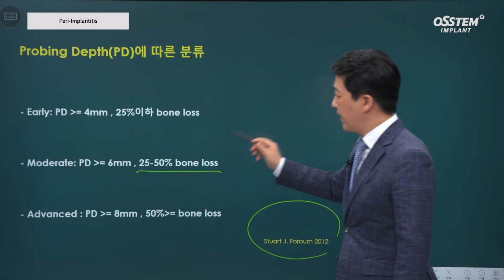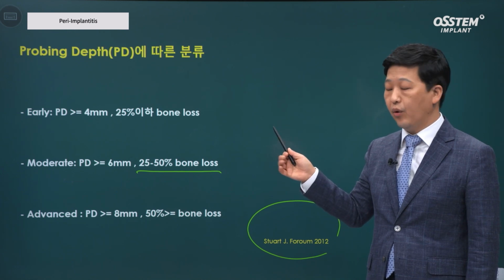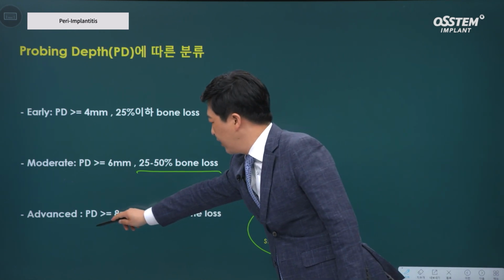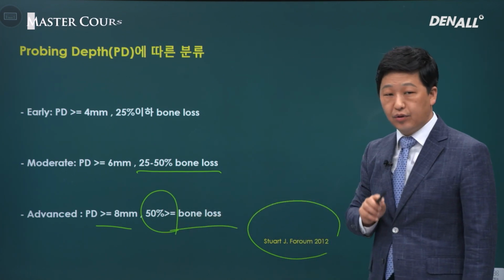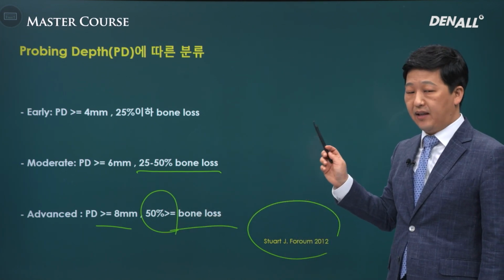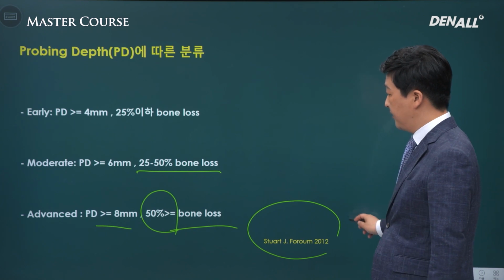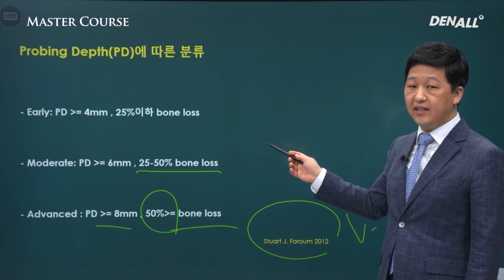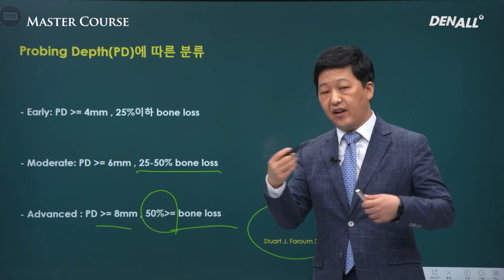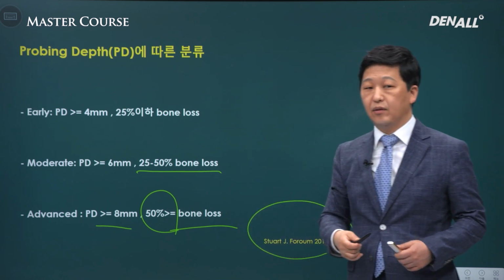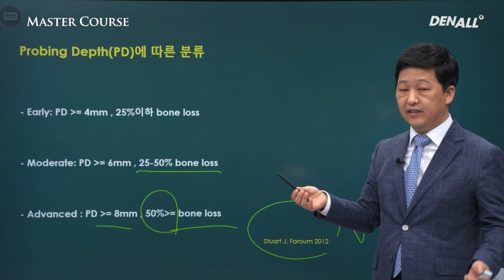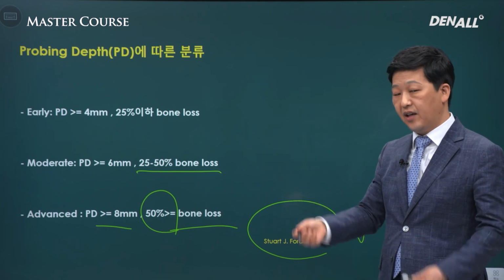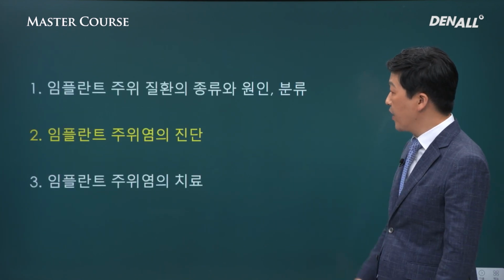If there's probing depth of over 6 millimeters and bone loss of 25 to 50%, it is moderate, and if it is beyond 8 millimeters and if there's bone loss of 50%, it is classified as advanced peri-implantitis. This classification is not an absolute rule, but you can use this as a tool for communication. You can refer to it when you have conversations.